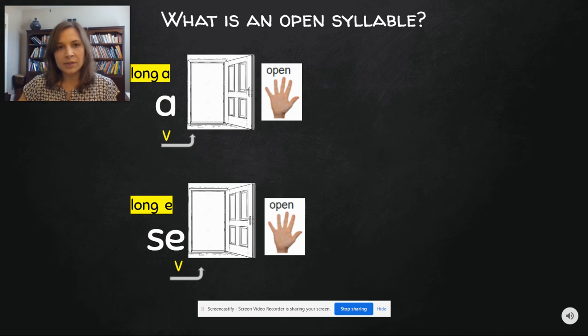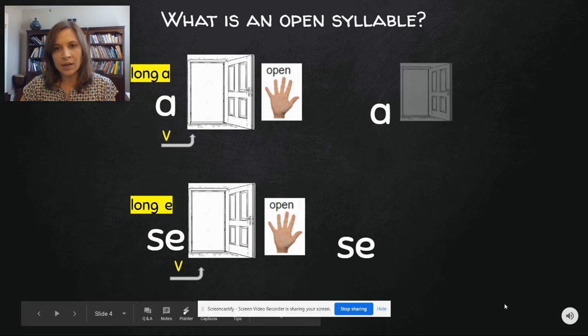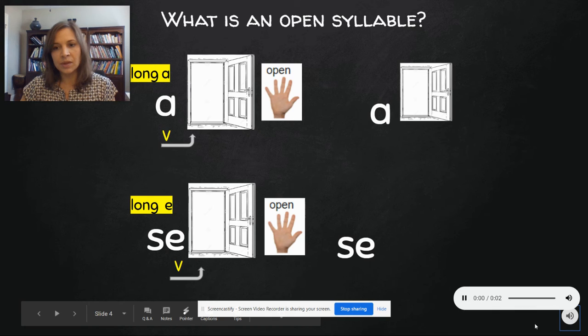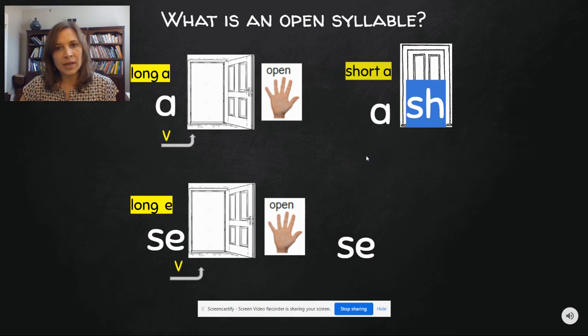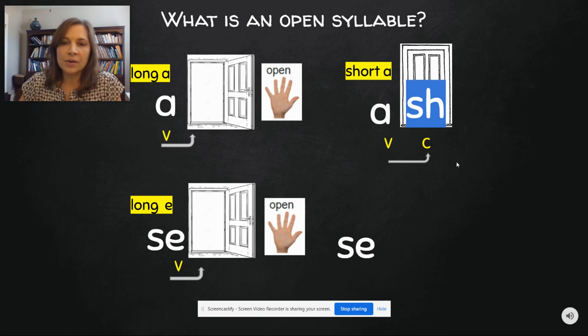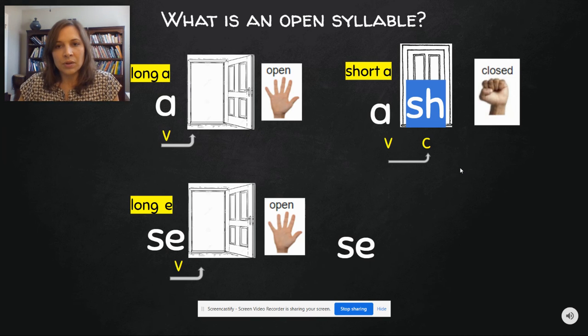All right, let's practice with A. We're going to close that door, and it says no longer long A, but short A. Short A says "a." Our vowel is now closed in because there is a digraph or consonant to the right of the vowel, and this is a closed syllable.